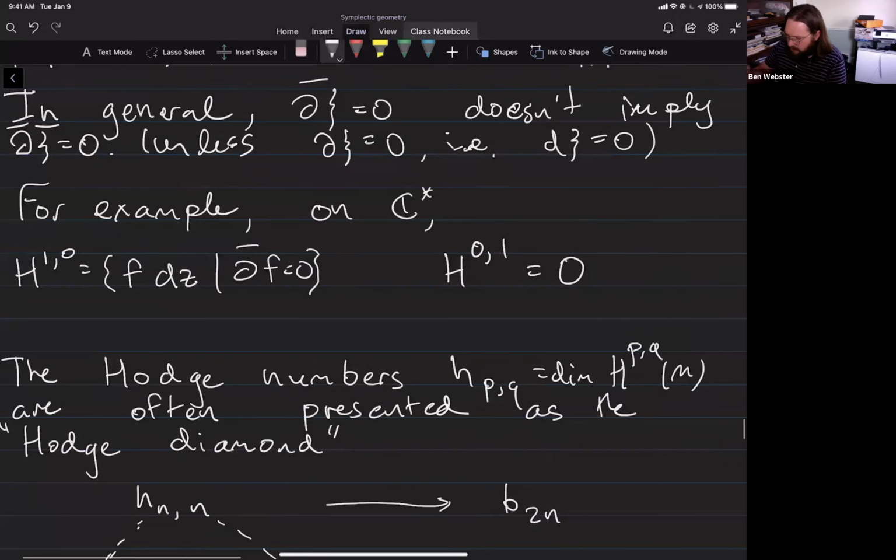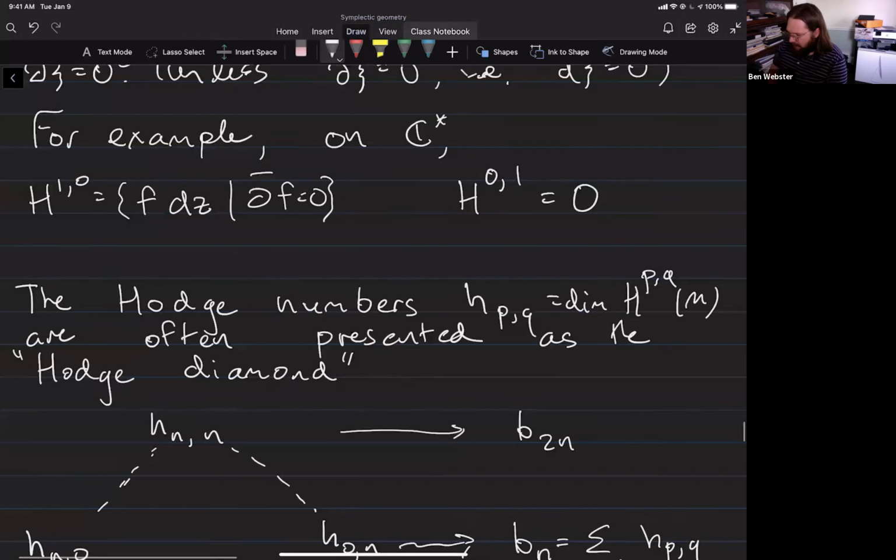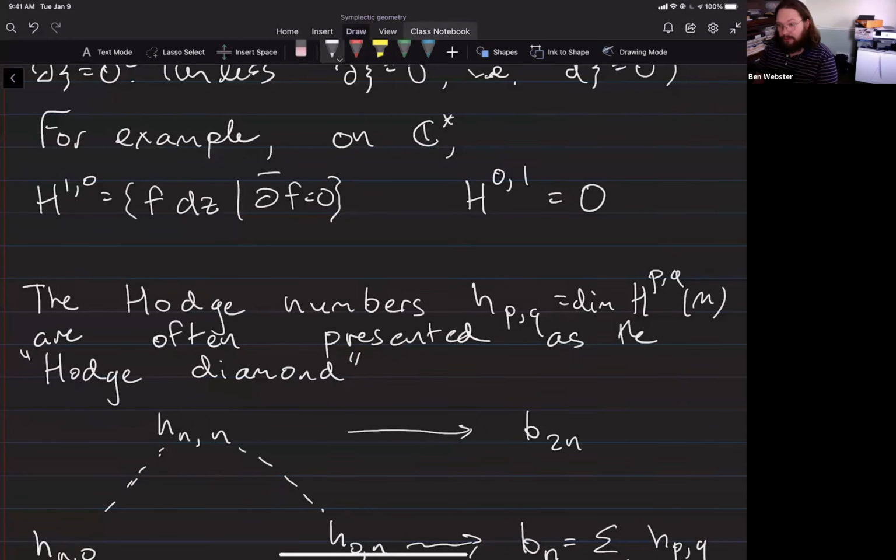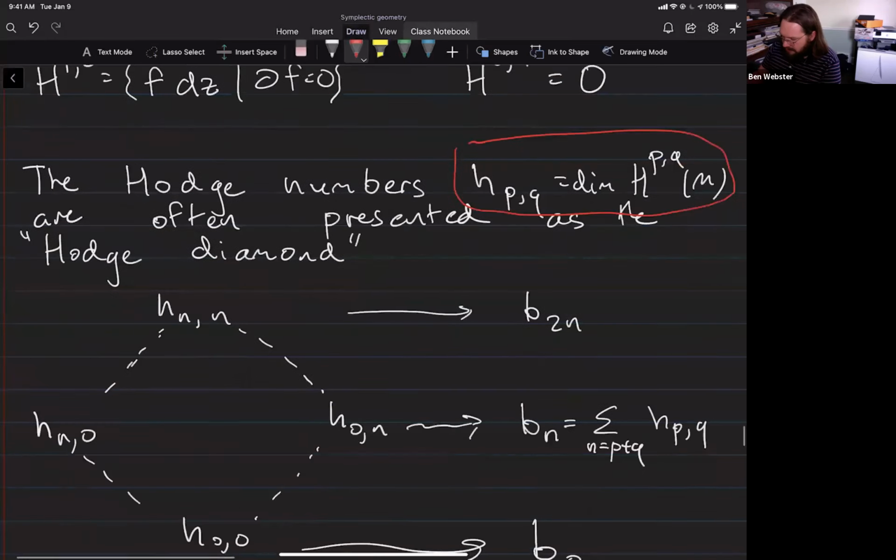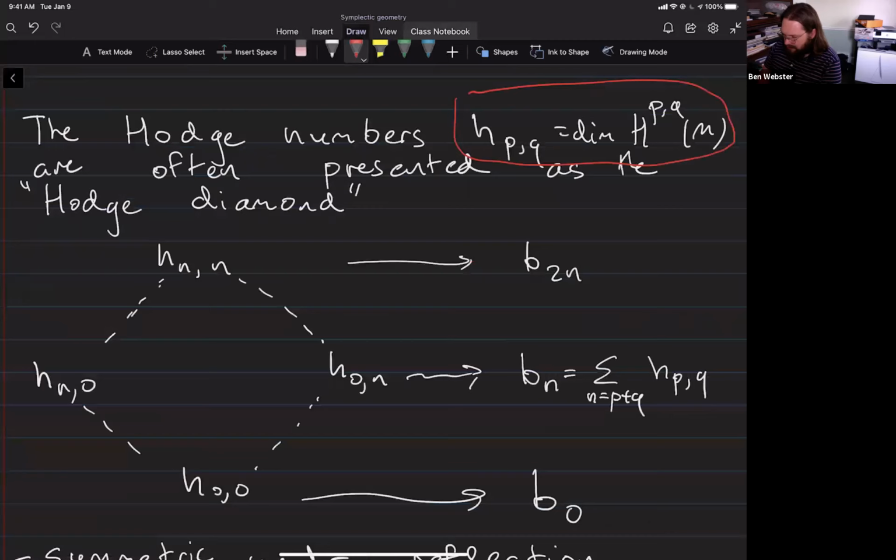All right, so this tells you that the cohomology of a Kähler manifold has a really special structure. You have these things called Hodge numbers, which are the dimensions of the Dolbeault cohomology. You'll usually see these represented in what's called the Hodge diamond, where you write them with the first index increasing as you go northwest, and the second index increasing as you go northeast.